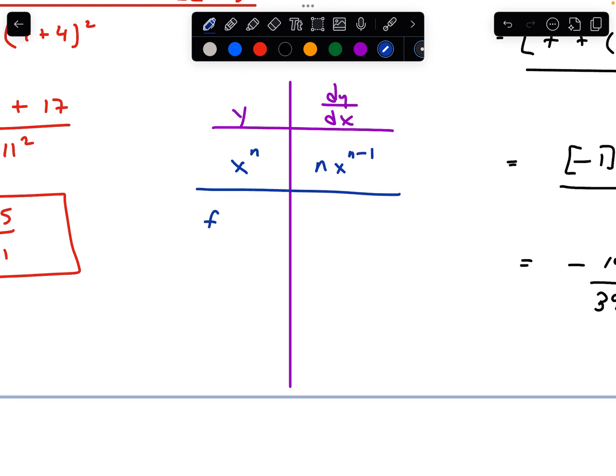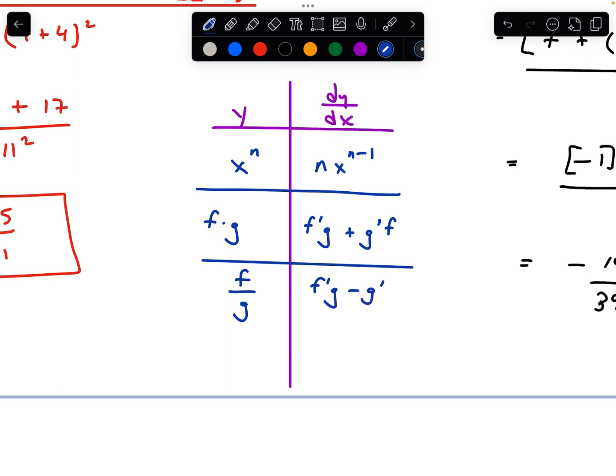You know the derivative of f times g is f primed g plus g primed times f. And you know the derivative of f over g is f primed g minus g primed f over g squared. We've got one more rule, and then you have the 4 rules that you need memorized for our next test.